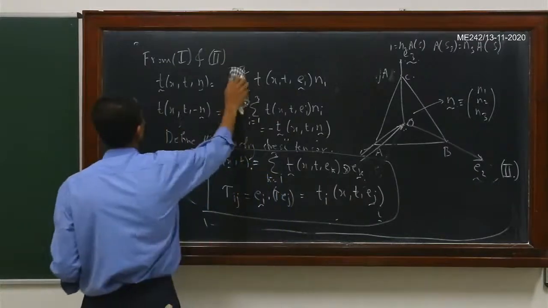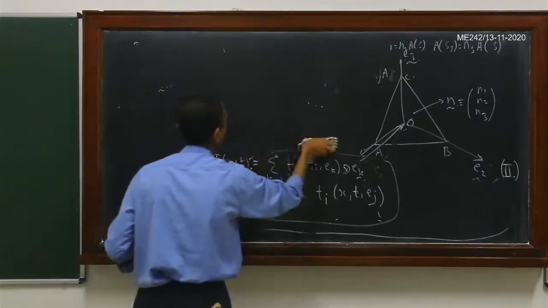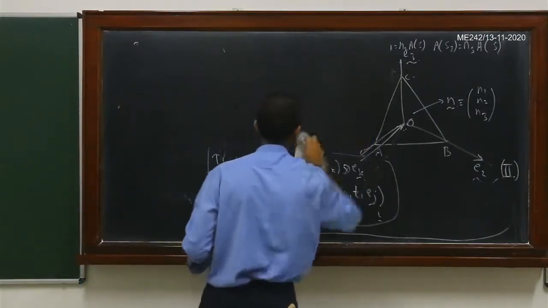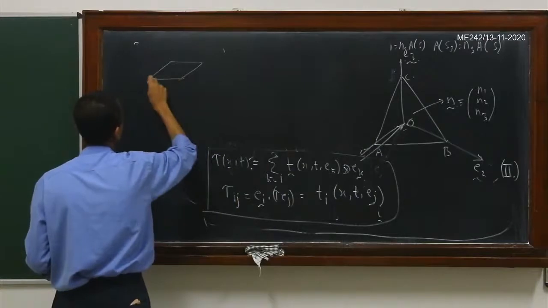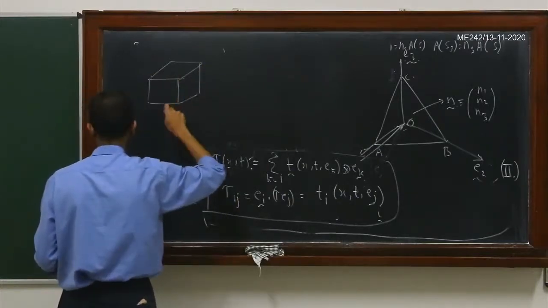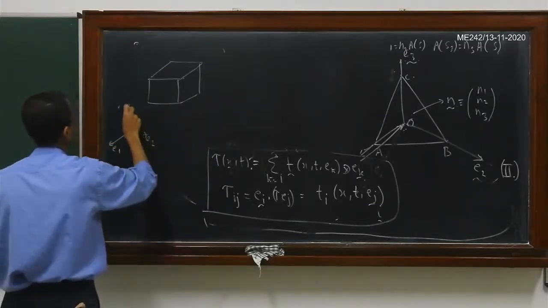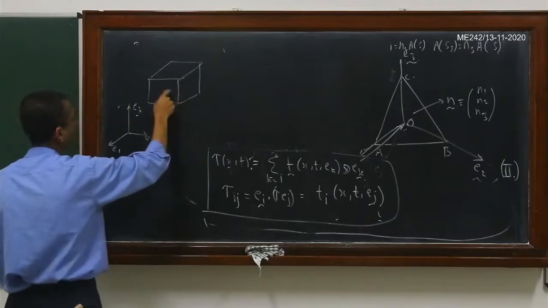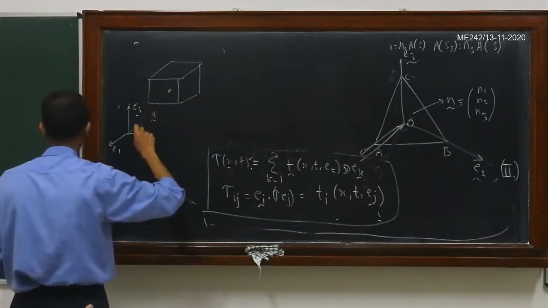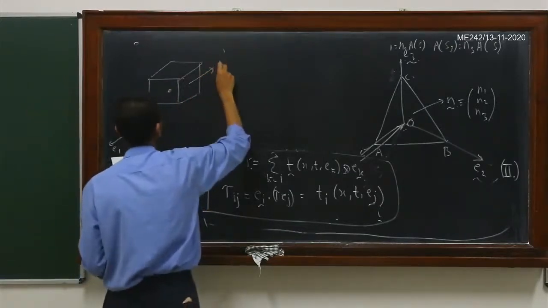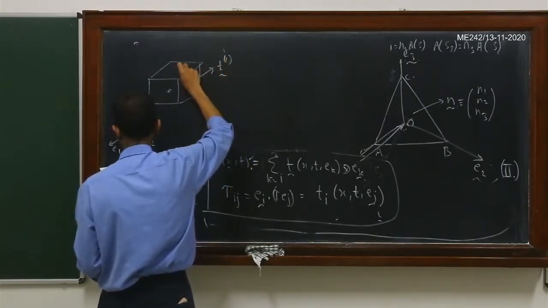Okay, so the e1, e2, e3 coordinate system is here, and this is being drawn at some position vector x, and the traction, let us call it T1.